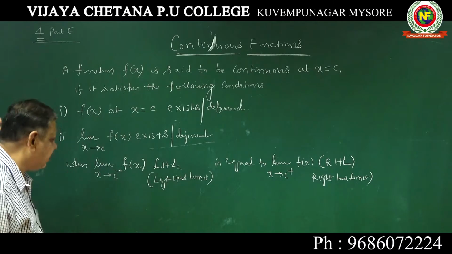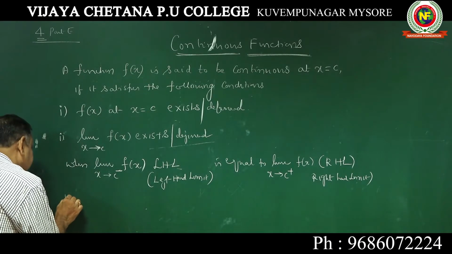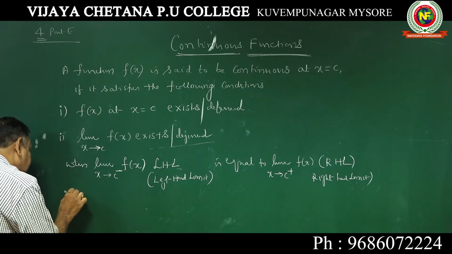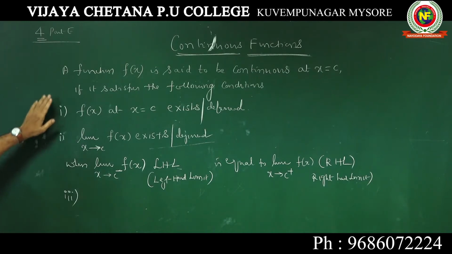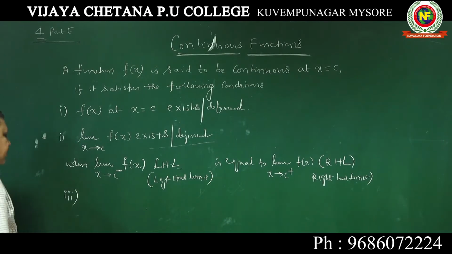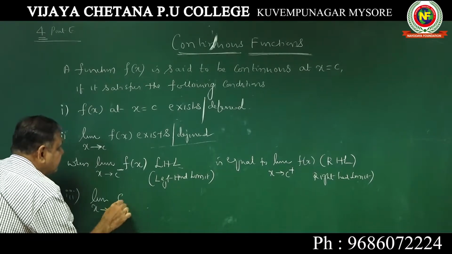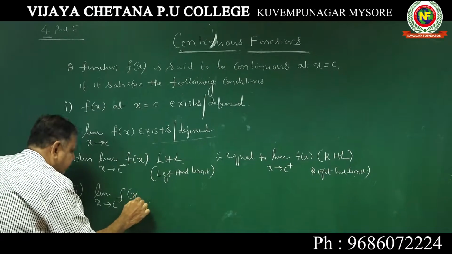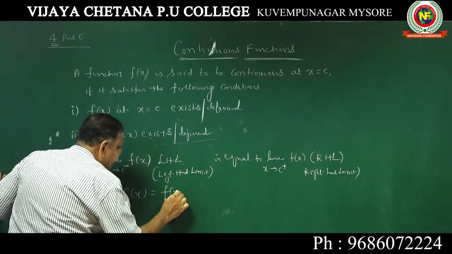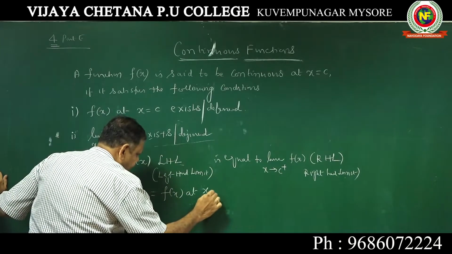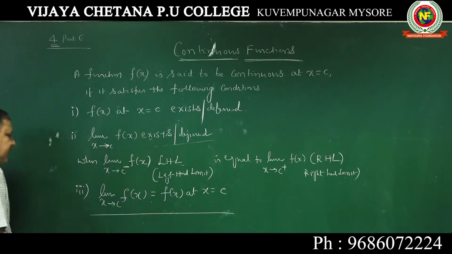Last, the third condition. These conditions you have to mug up. The third condition says the limit as x tends to c of f(x) should be equal to f(x) at x equal to c. This is the third condition.